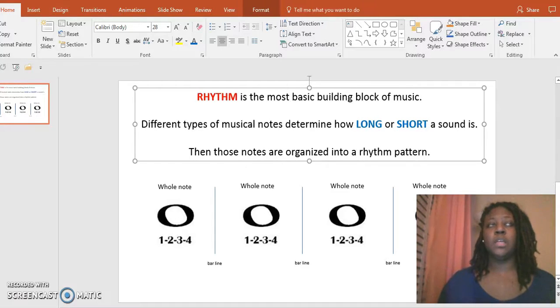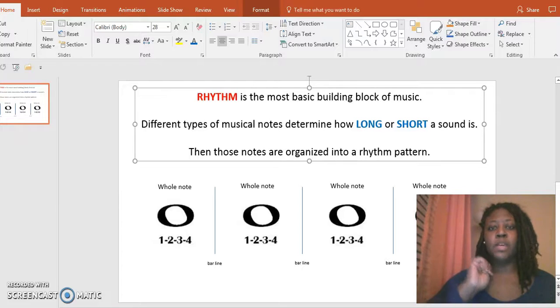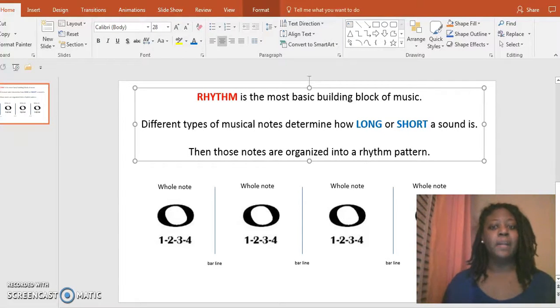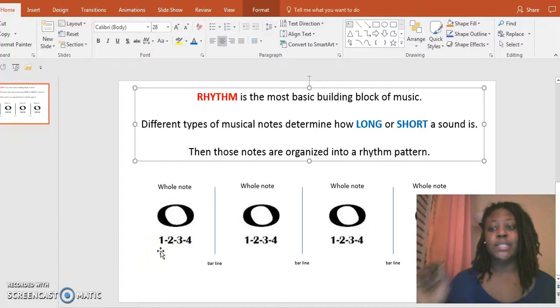If I sing the note la, and hold that note la for 4 beats, that means it was a whole note. When we write out a count for a whole note, it would look like this, like you see on your screen: 1 dash 2 dash 3 dash 4.